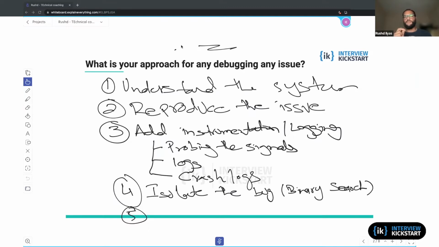Like, what I have isolated, is that truly the bug, or is it a sequence of bugs, or a few things which have to work together, or is this bug only half the story? To make sure that your hypothesis is correct, you apply a quick fix or actual fix.